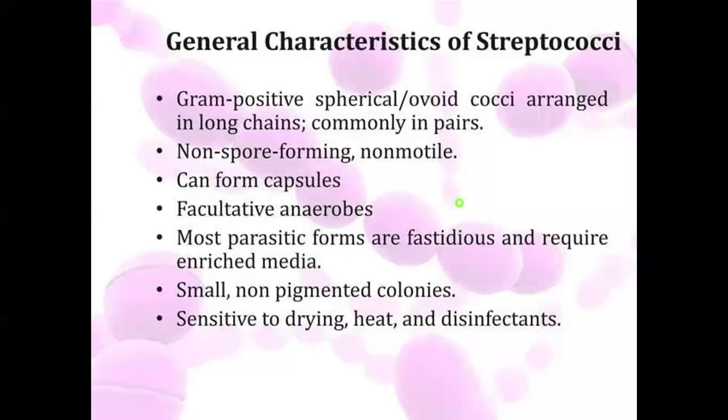Answers in the chat for the spore forming. When we say fastidious, it means they require complex nutritional requirements, as you're going to see. And then small non-pigmented colonies, sensitive to drying, heat, and disinfectants.